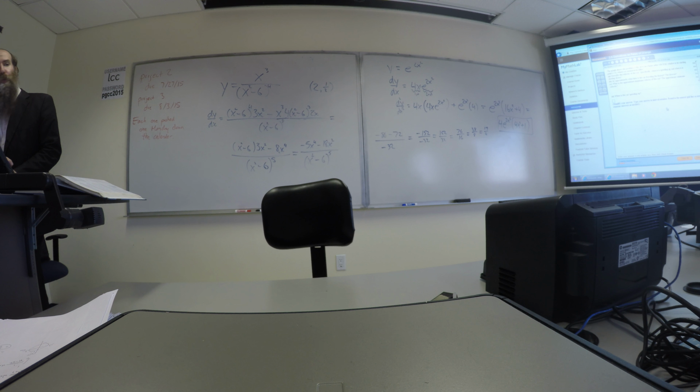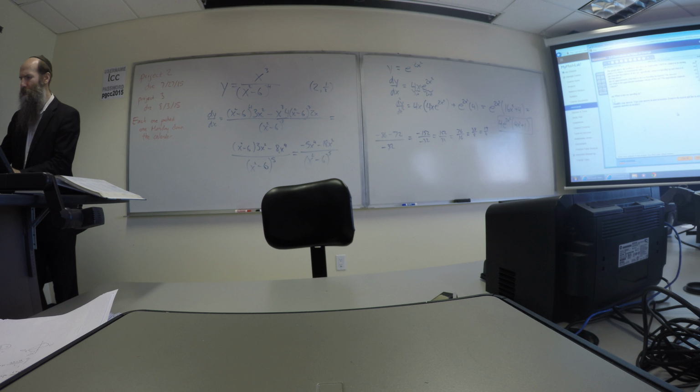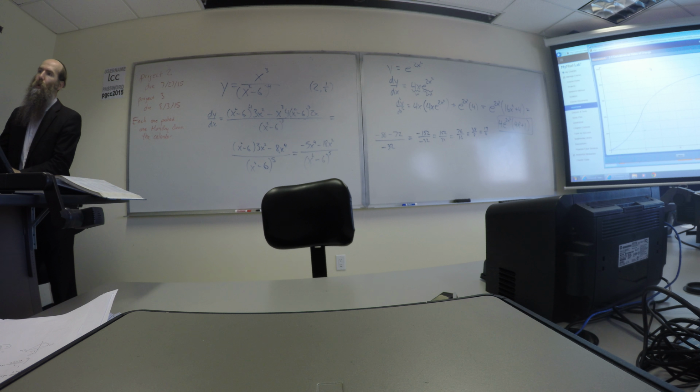You say only part C? Yes, only part C. What is the approximate maximum velocity of the car? Here they give us no function, we just have the graph of the function. So if you want the approximate maximum velocity, what are you looking for?